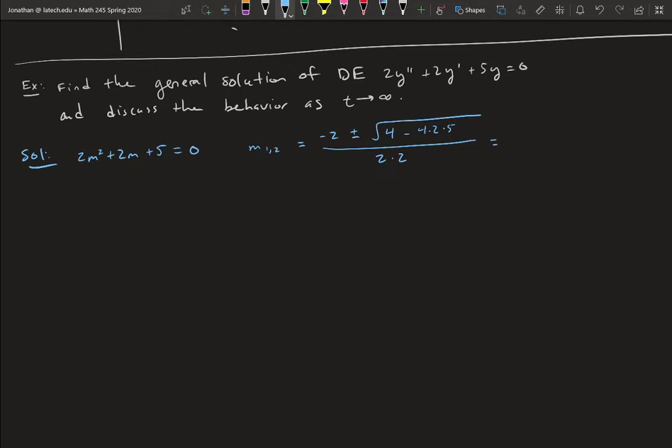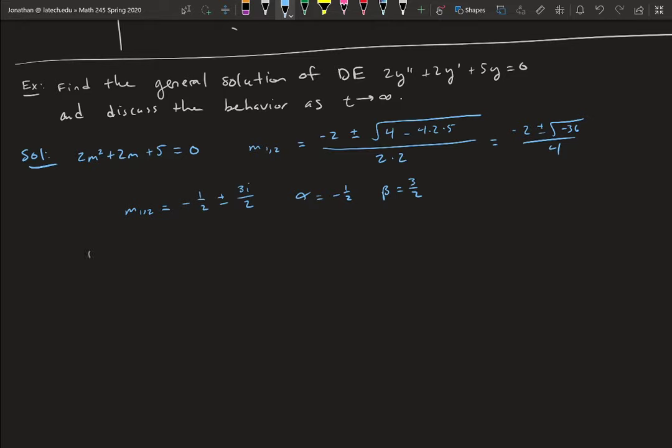And that reduces to -2 plus or minus the square root of -36, all over 4. So m1,2 is -1/2 plus or minus, the square root of 36 is 6, so 6i over 4 is 3i over 2. So alpha is -1/2, beta is 3/2.